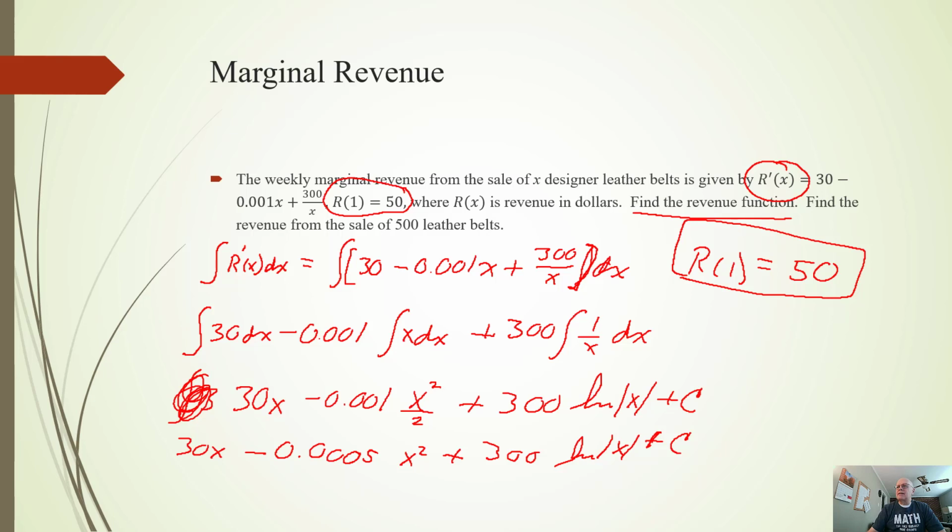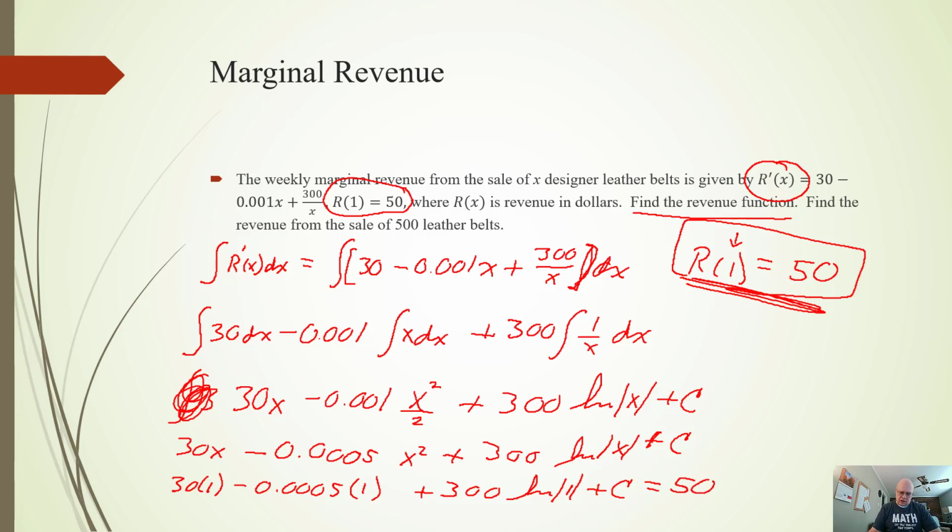Put the 1 in for the x's, and you should end up with a 50. So here we go. 30 times 1 minus 0.0005. Fortunately, this 1 squared is still 1. And you've got 300 times the natural logarithm of 1 plus c. We're going to find out what that c is. And this, from this information up here, it should be a 50.